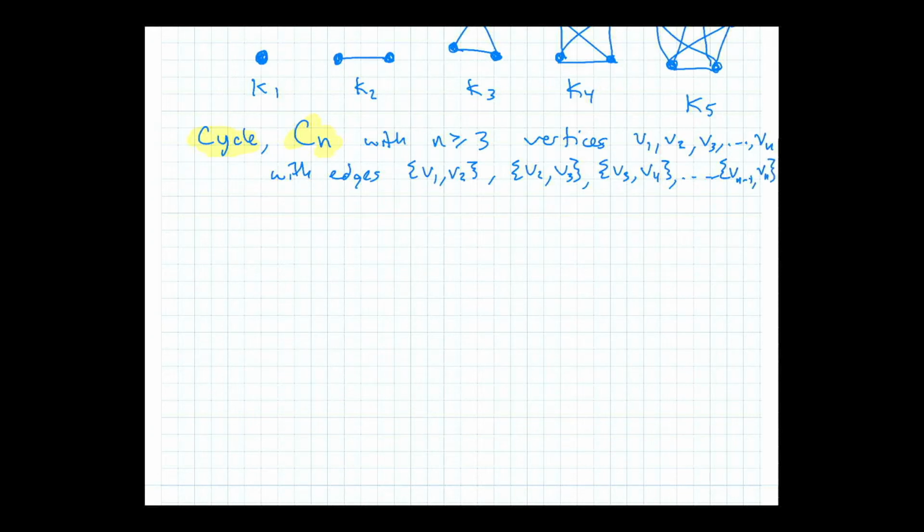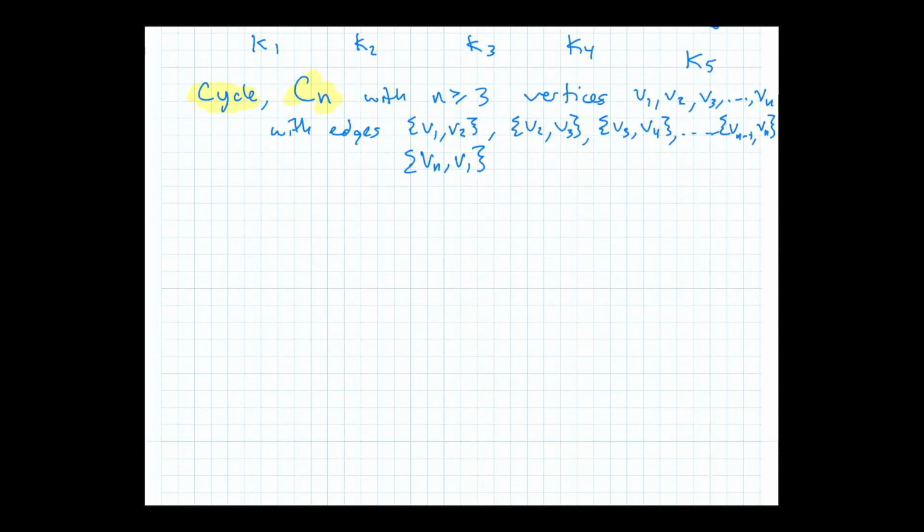And when you get to {Vn-1, Vn}, there's one more, which is Vn connects back to V1. Okay, it's not as complicated as it sounds. The idea is you go from V1 to V2, V2 to V3, and then when you get to the end, you go back to the beginning.